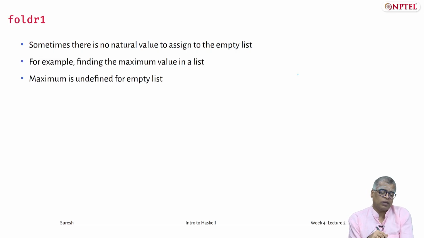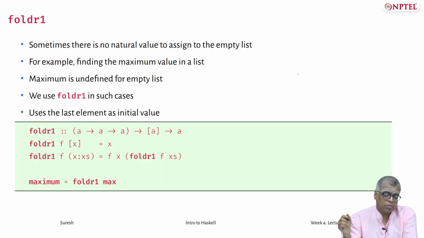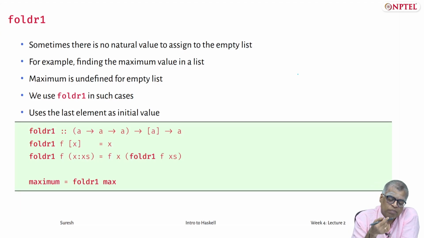Finally, in the previous lecture, we saw that sometimes there is no natural value to assign to the empty list. For instance, finding the maximum of a list of numbers. In such a case you would use foldr1. Foldr1 is a version of foldr where instead of using a special initial element, you use the last element of the list as the initial element. So foldr1 works only on non-empty lists. It is undefined for empty lists.